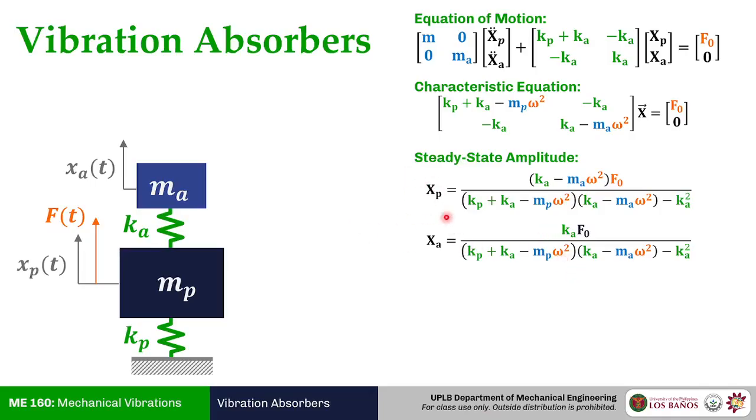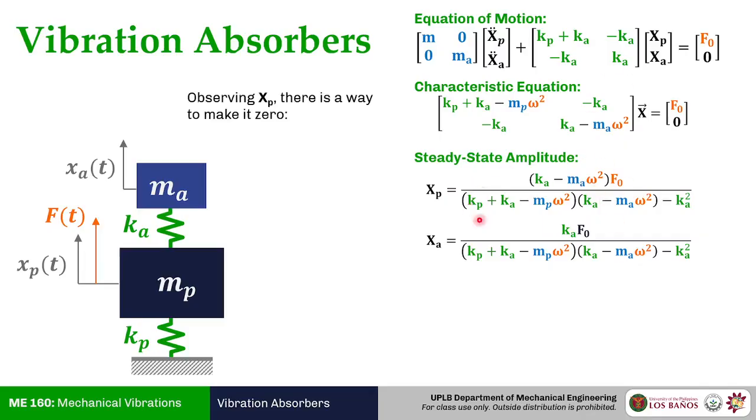So X_P is the displacement amplitude of our primary, and X_A is the displacement amplitude of our absorber. If you look at our equations, the one thing that we want to pay attention to is actually X_P. In X_P, we notice that there is a numerator factor that is essentially a difference of two terms.